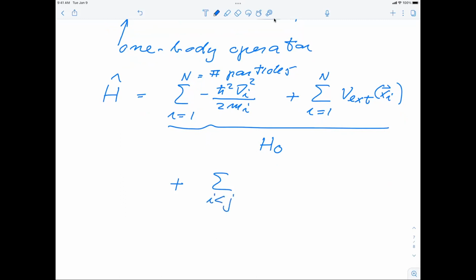So this is a double sum over all the particles, and this contains now an interaction, and typically this interaction is a function of the relative distance between the particles. That's the standard. If you think of the standard Coulomb interaction, that is a function of the inverse relative distance between two particles.